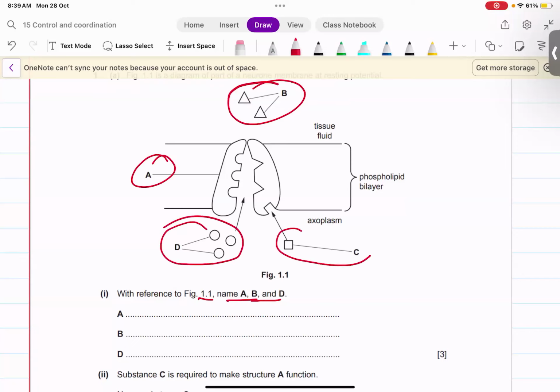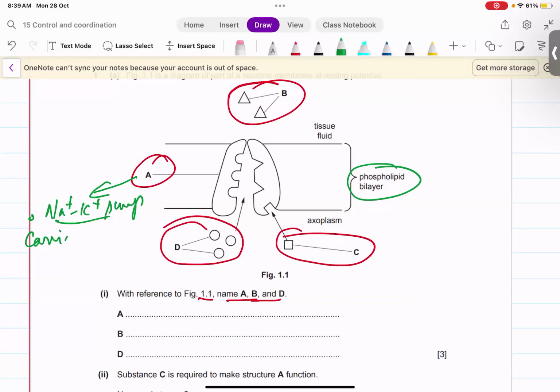And what should this C be? As I said, these are sodium potassium pumps. You already know these are integral proteins embedded in the phospholipid bilayer. So A should be the sodium potassium pump, or maybe you can write carrier protein.